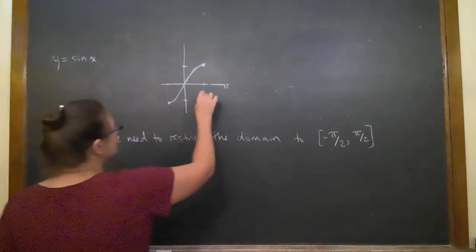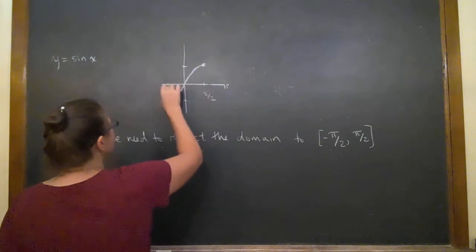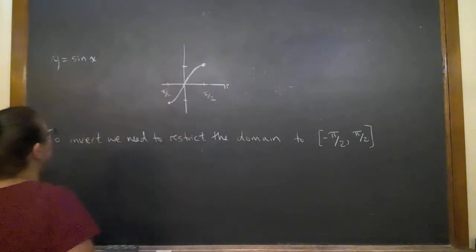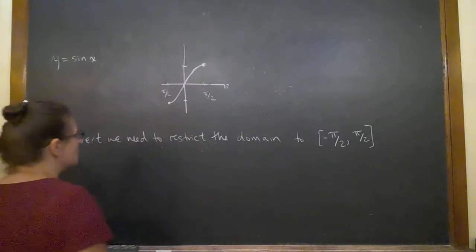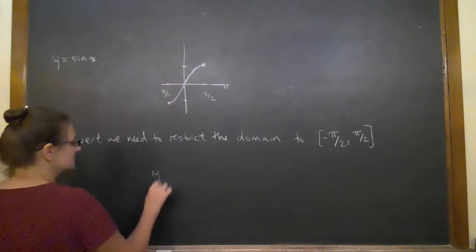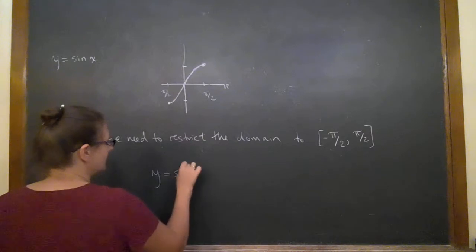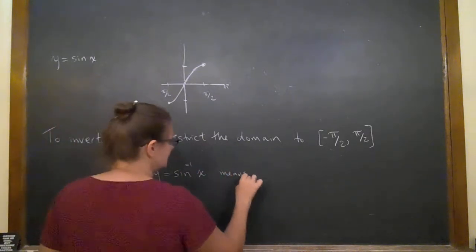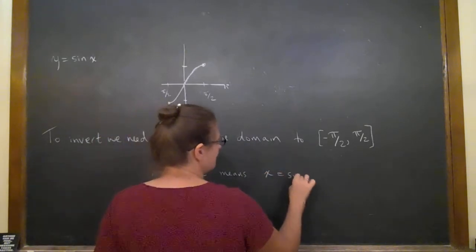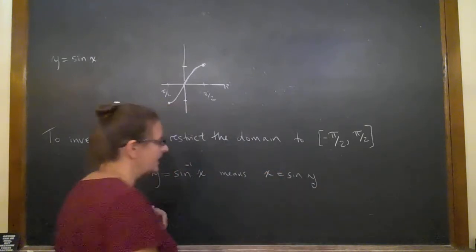Now it's restricted from minus pi over 2 to pi over 2. It is now a one-to-one function, and I can invert it, right? So that's how I define the inverse. I define the inverse as y is the inverse sine of x, means that x equals sine of y, okay?